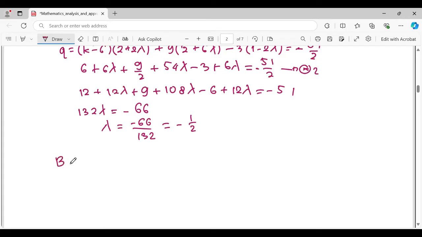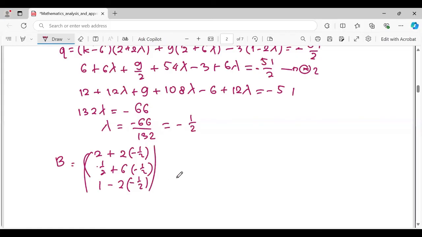So B is 2 plus 2 times minus half, and then half plus 6 times minus half, and then 1 minus 2 times minus half. So coordinate point B is 1.